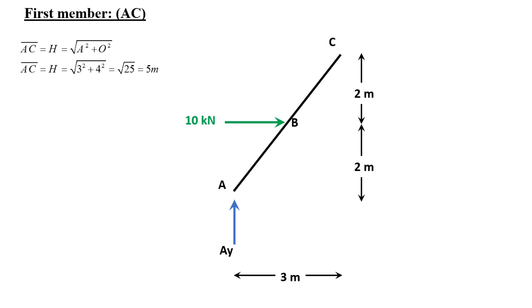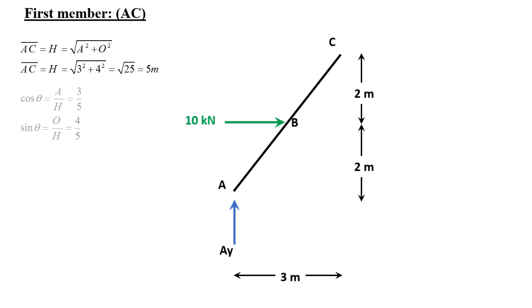Segment AC is basically the hypotenuse of the right triangle, so the length of AC equals h, the hypotenuse, which equals the square root of the adjacent squared plus the opposite squared. So AC equals the square root of 3 squared plus 4 squared, which equals the square root of 25, and that's going to give me 5 meters. So the length of member AC is 5 meters.